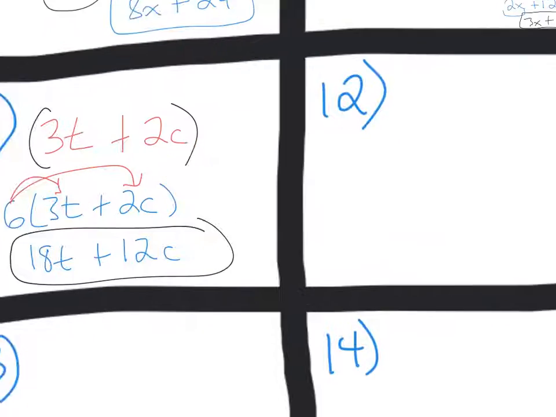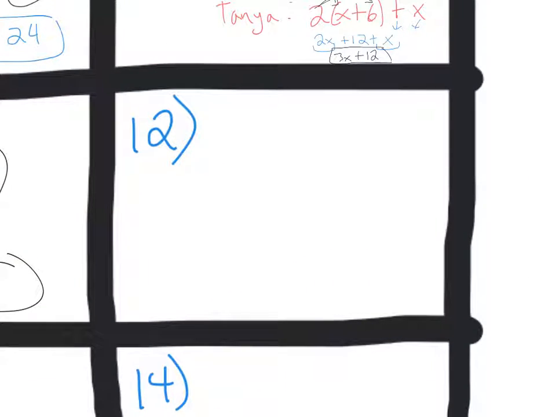Alright, number 12, last one. A fall candle gift set has 4 vanilla candles and 6 pumpkin spice. So 4 vanilla, 6 pumpkin. Okay. Use V to represent the cost of each vanilla candle.